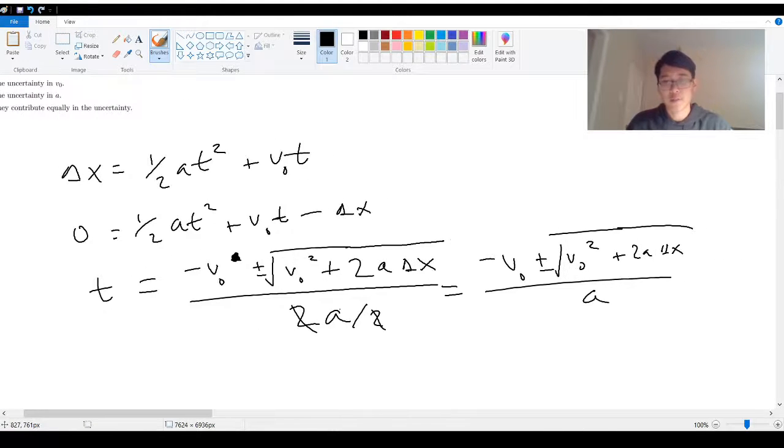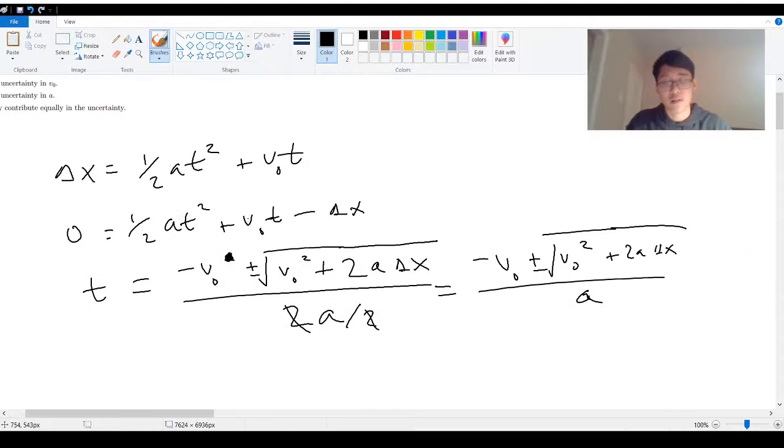So if we want to figure out the uncertainty in t, obviously the uncertainties of a and the velocity propagate throughout these calculations and give us an uncertainty for t as well. So let's think about how they propagate through.